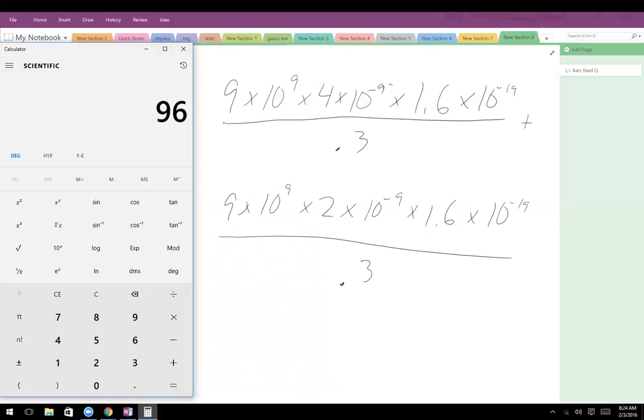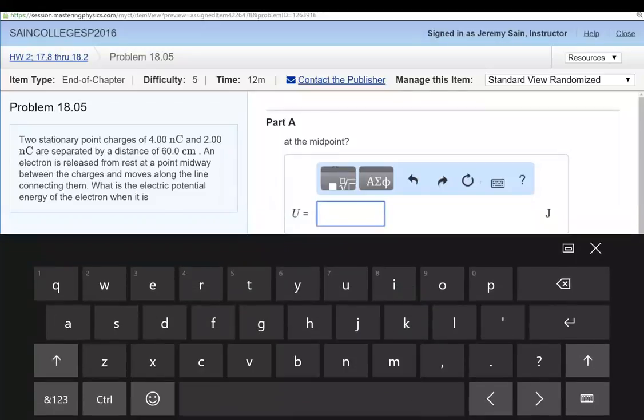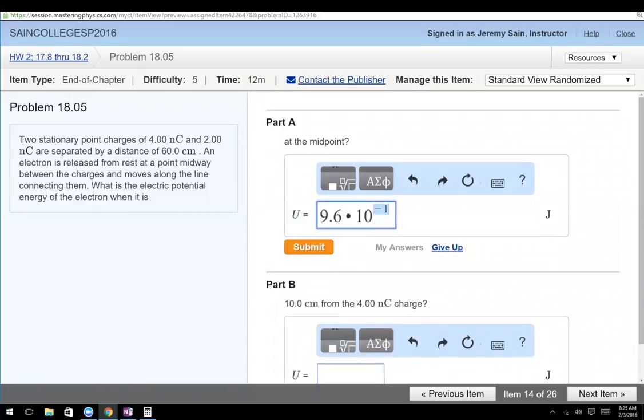You got 96 times 10 to the minus 19th. So 9.6 times 10 to the minus 18th.